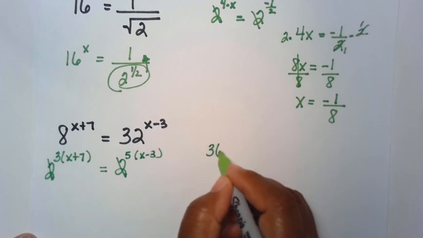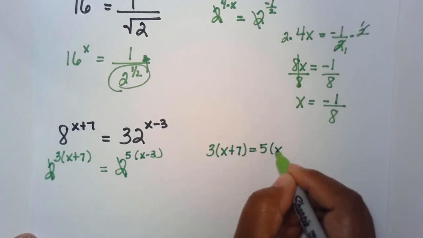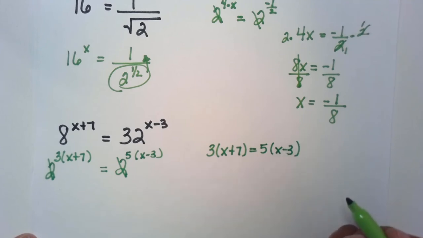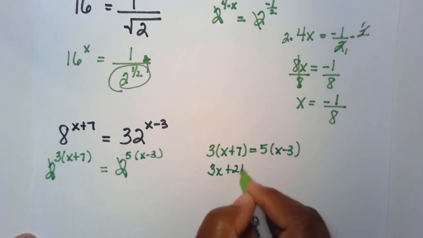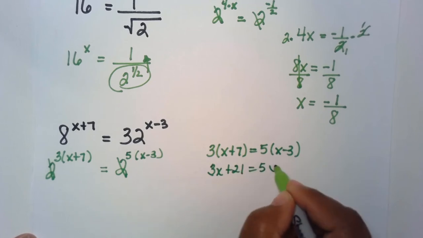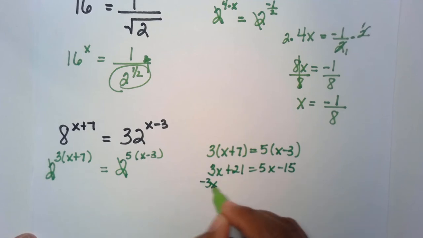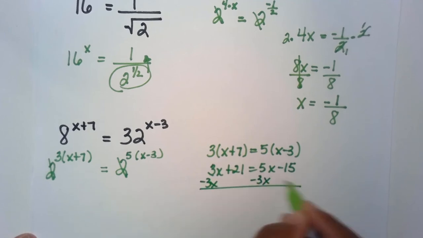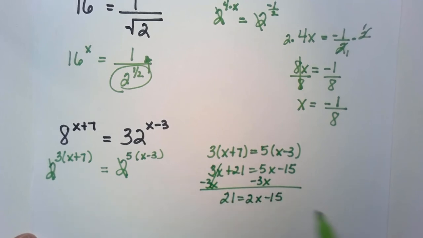Let's focus on the exponents and let's solve. Use the distributive property. We have 3x plus 21 equals 5x minus 15. Let's subtract 3x from both sides. We have 21 is equal to 2x minus 15.